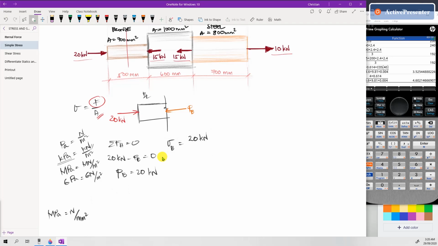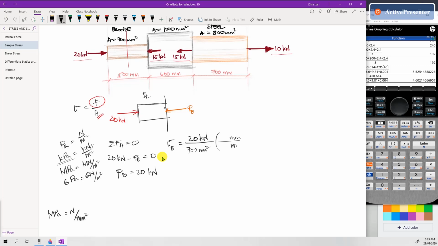Okay. So, 20 kilonewton over 700 millimeter squared. So, convert natin yung millimeter squared sa meter squared. Gusto natin makancel itong millimeters na nasa denominator, so lagay ko dito yung millimeter sa numerator. Then, millimeter to meter.